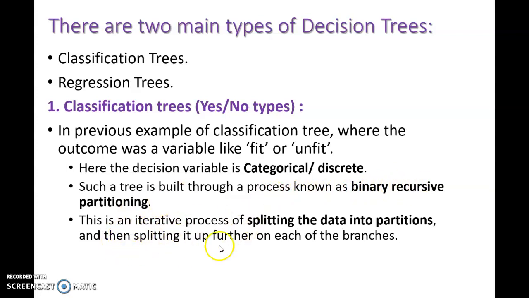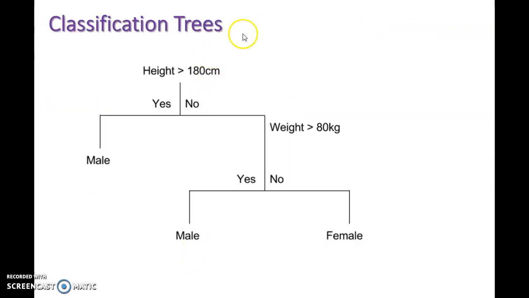This is an iterative process of splitting the data into partitions and then splitting it further on each of the branches. Suppose in a classification tree, height is greater than 180 centimeters. If yes, the person is male. If no, then again ask whether weight is greater than 80 kg.